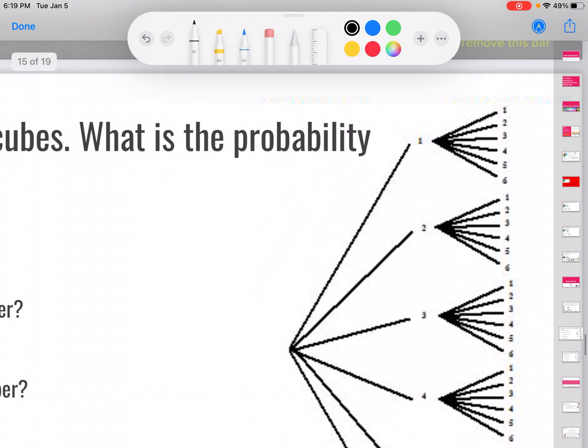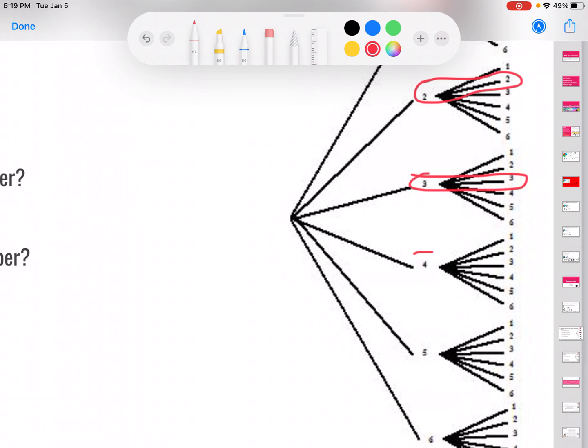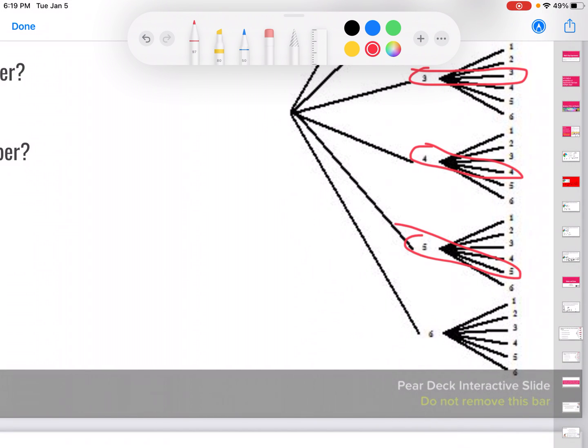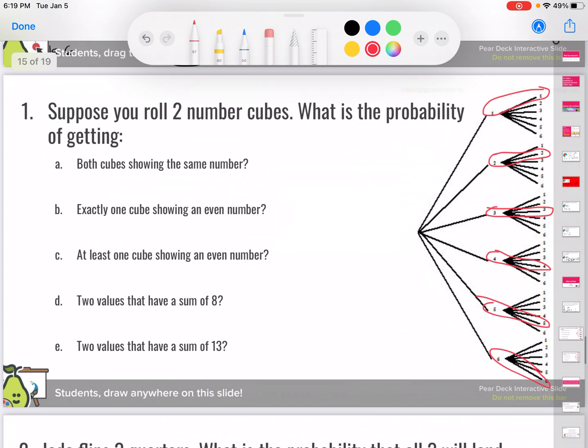So that would be, let me change colors, 2, 3, 4, 5, 6.